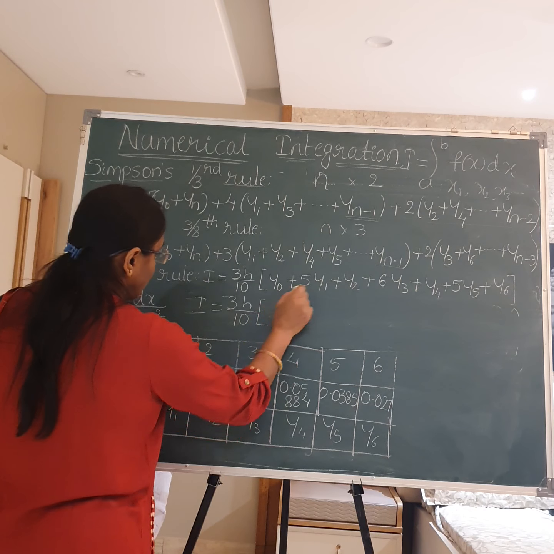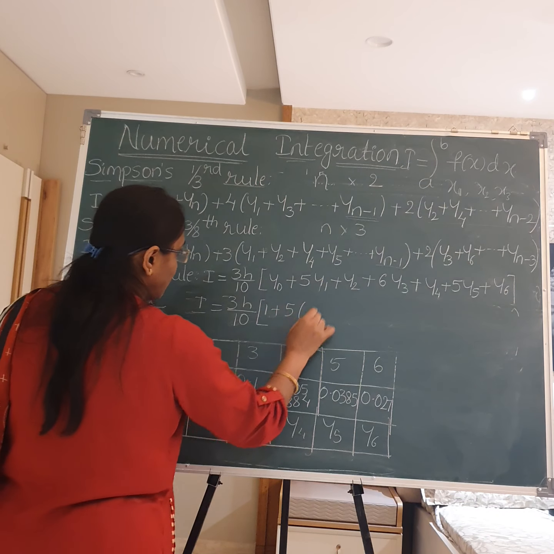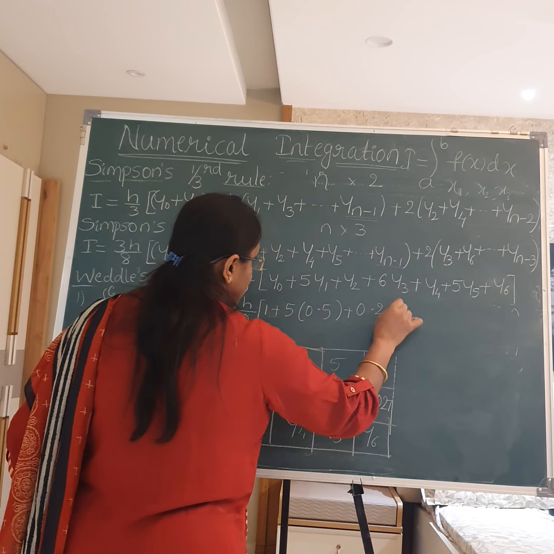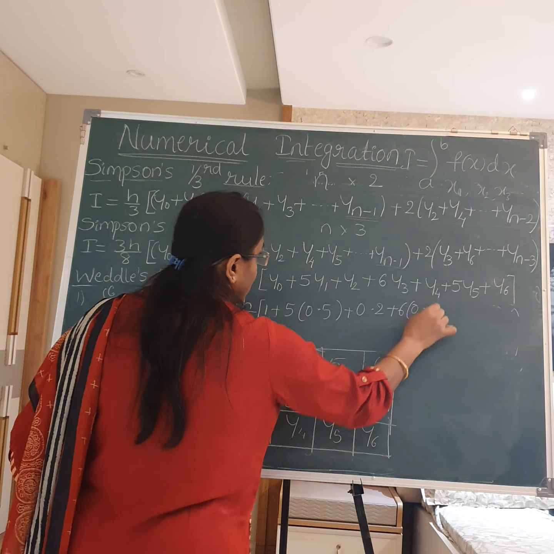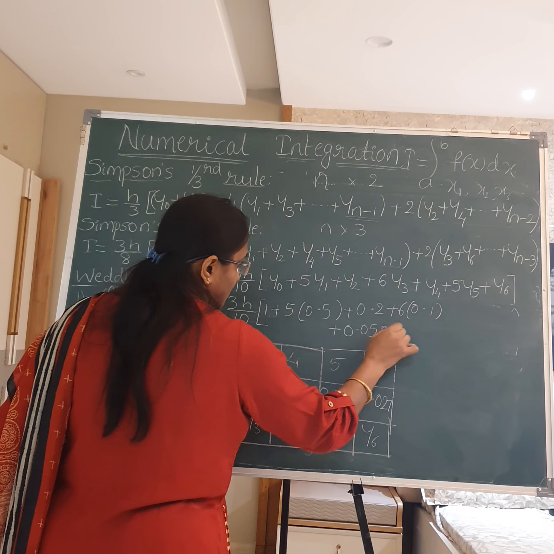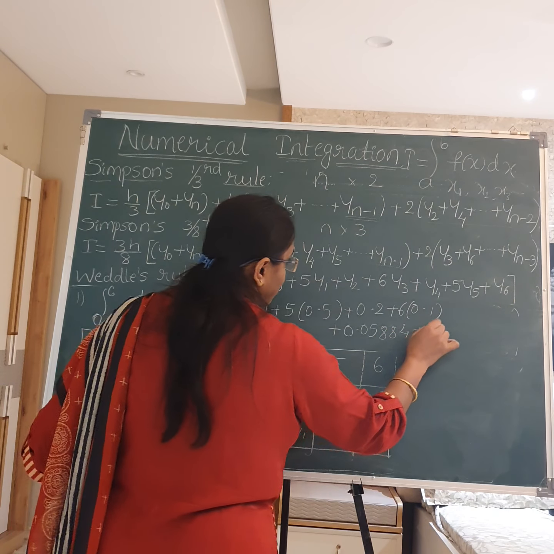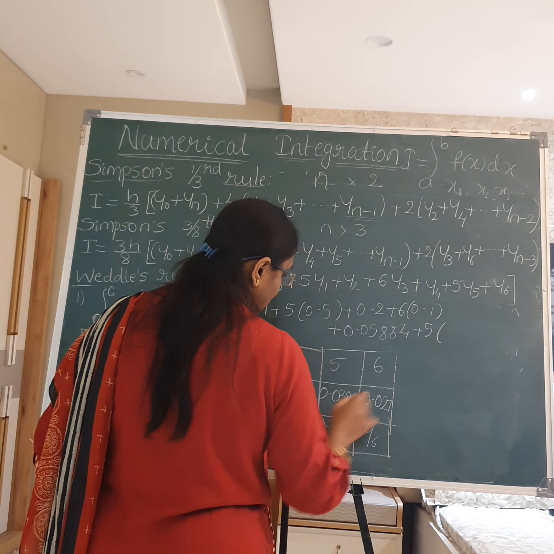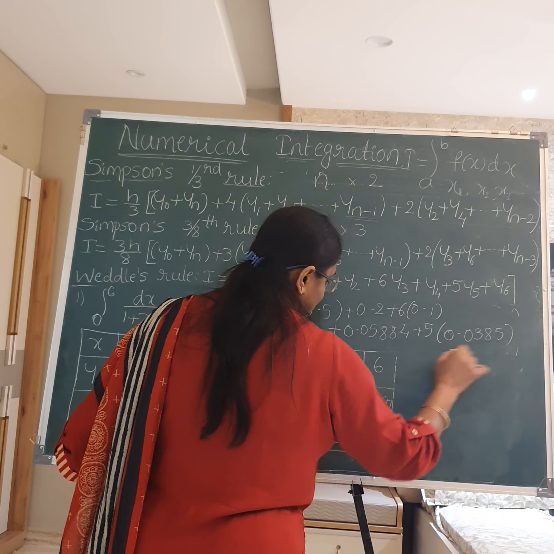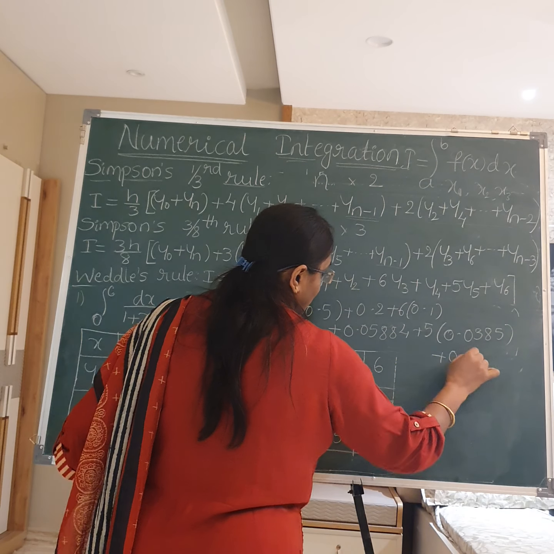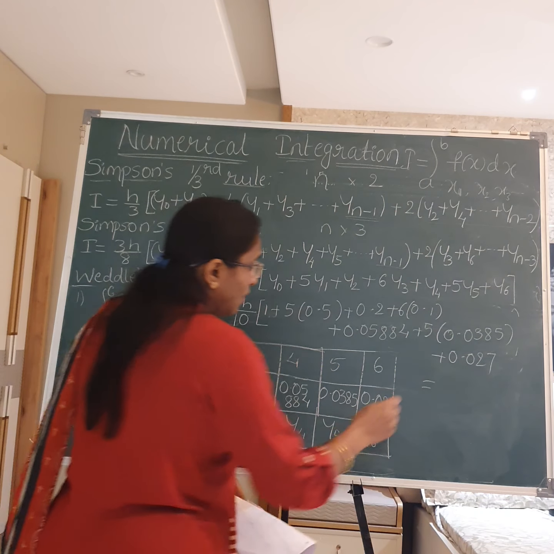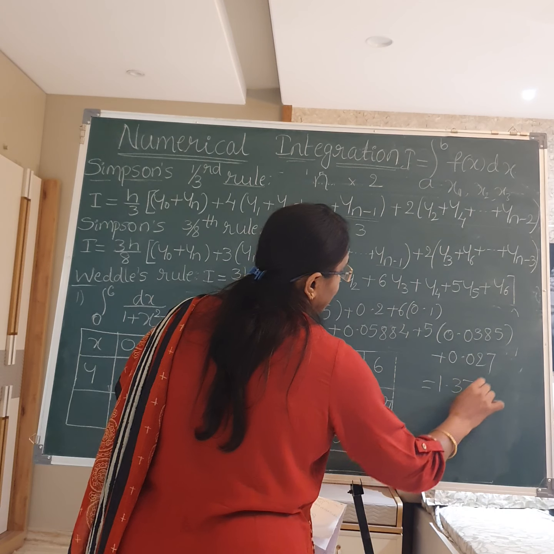Y0 is 1 plus 5 into Y1 is 0.5 plus Y2 is 0.2 plus 6 into 0.1 plus Y4 is 0.05884 plus 5 into Y5, 0.0385, plus Y6, 0.027, and the answer is, even we can calculate this, 1.3735.